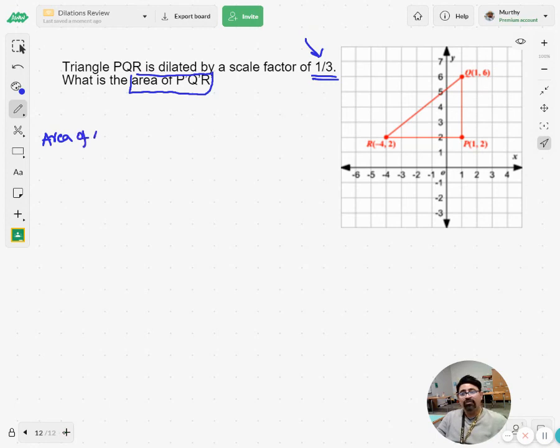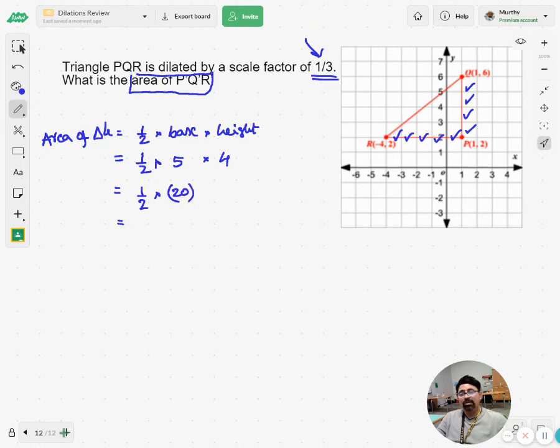Area of a triangle equals half times base times height. So half times base is 1, 2, 3, 4, 5 units. I'll have to count the blocks instead of finding the distance. Height is 1, 2, 3, 4. So half of 5 times 4, that gives me 20. Half of 20, that is 10 square units.